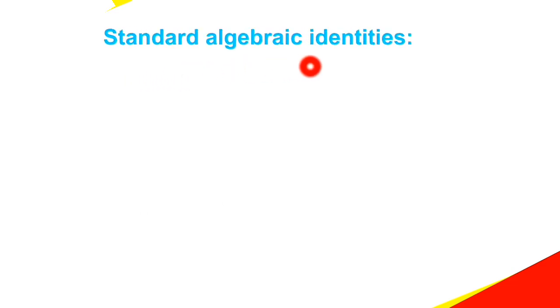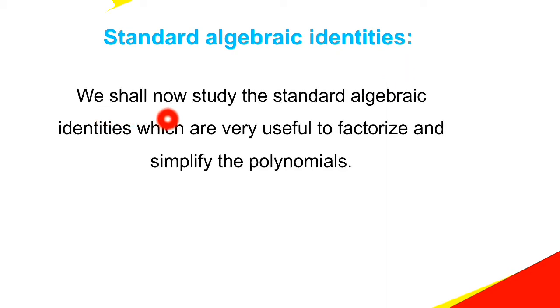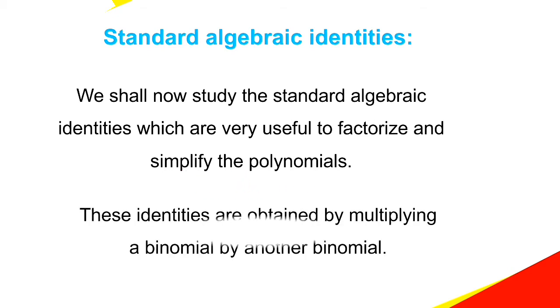Standard algebraic identities. We shall now study the standard algebraic identities, which are very useful to factorize and simplify the polynomials. These identities are obtained by multiplying a binomial by another binomial.